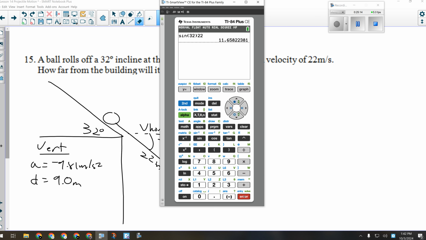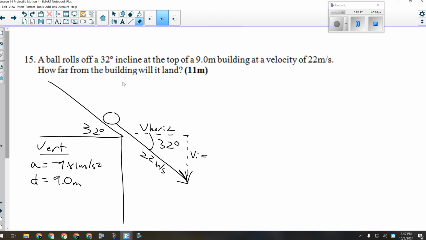There's our VI, 11.66 meters per second, but negative. Now, VI and VF are not equal here, would you agree? It doesn't come up and then come back down, so VF is some other number. But if I'm going to calculate how far from the base of the building it travels, that's the horizontal distance, I need to know how long it's traveling for, agreed?